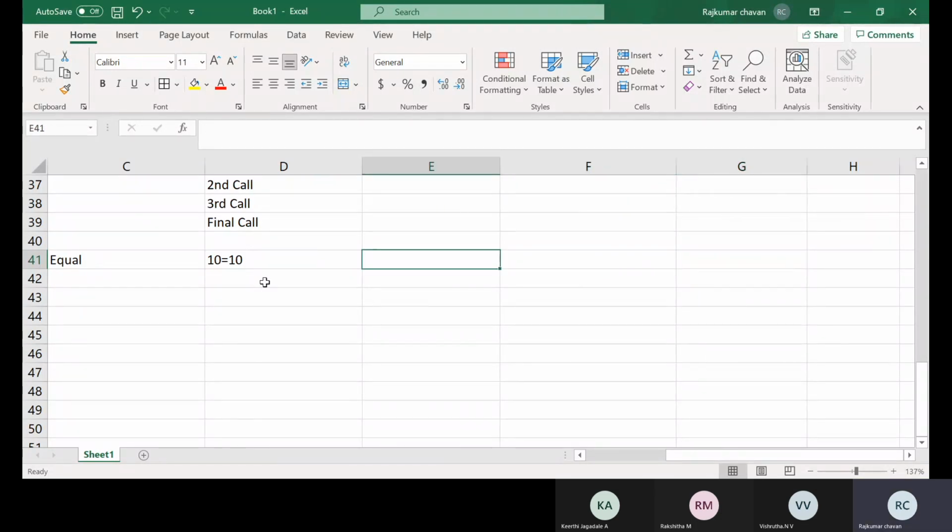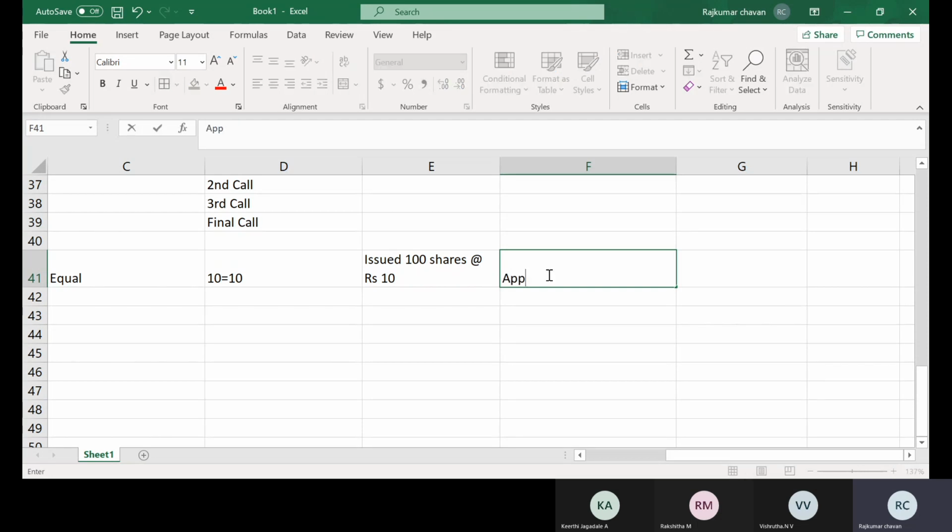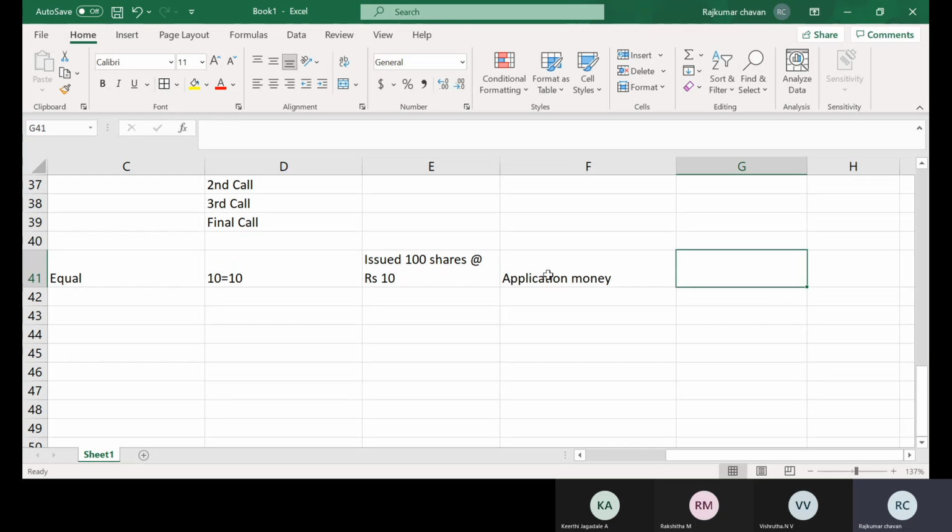Suppose the company has issued 100 shares at the rate of rupees 10, which is equal to the face value. First we will collect the application money.